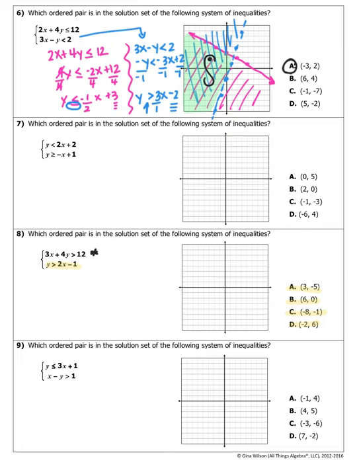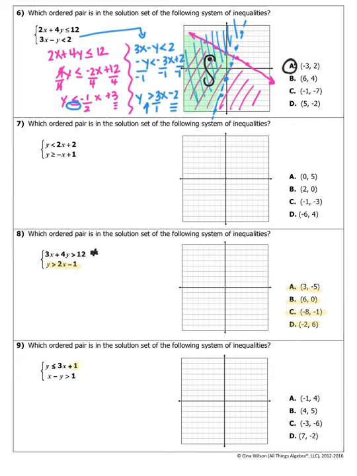All right, now let's finish this last problem. It says which ordered pair is in the solution set of the following system of inequalities. This time you're going to graph y is less than or equal to 3x plus 1. That one we can go ahead and graph right away, right? It's already solved in slope-intercept form.